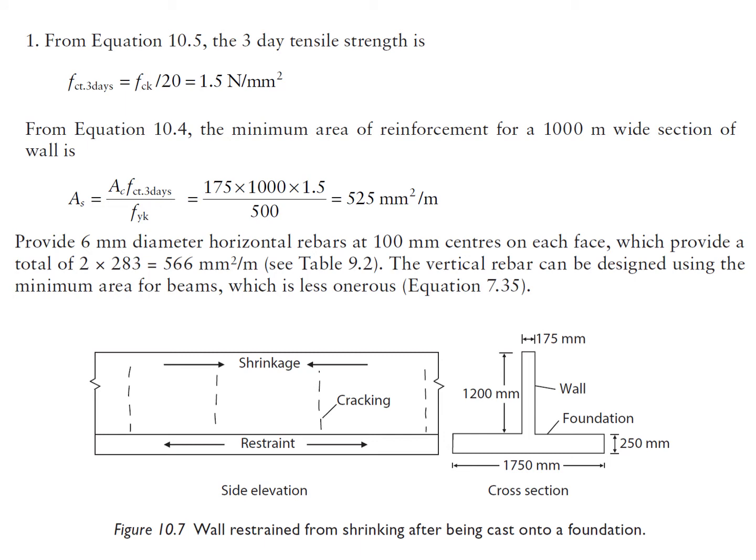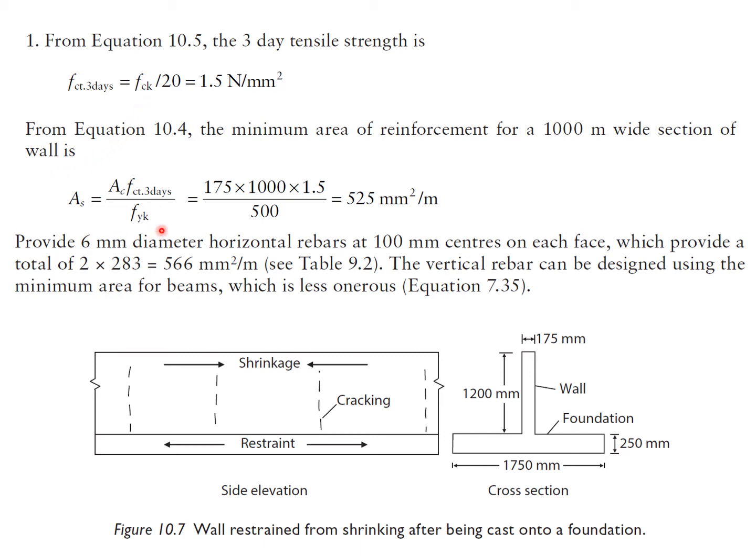Now, it was discussed in one of the previous lectures that the guiding principle in this situation is to make sure that the tensile strength of the concrete at 3 days after casting is less than the tensile strength of the rebar. The tensile strength of concrete 3 days after casting is approximately equal to 1/20th of the 28-day compression strength.